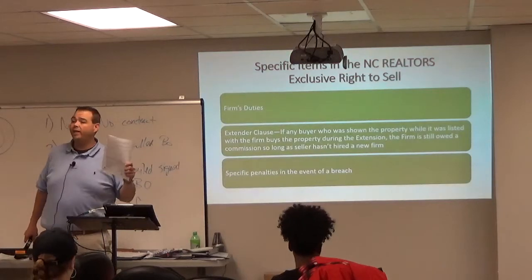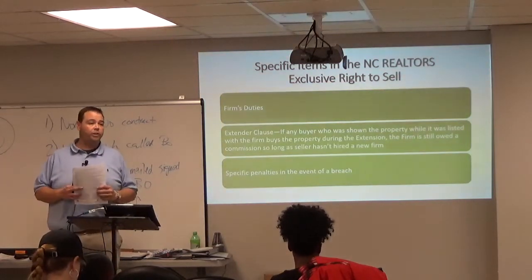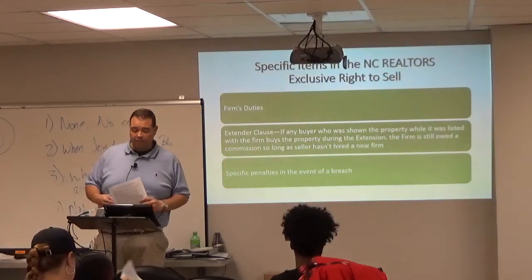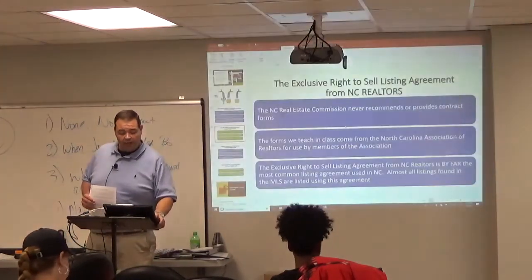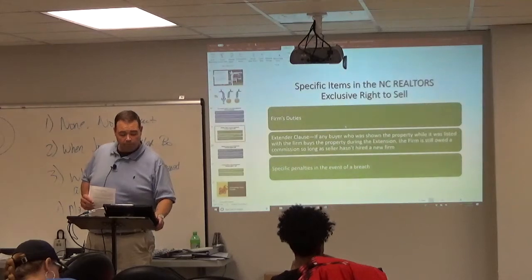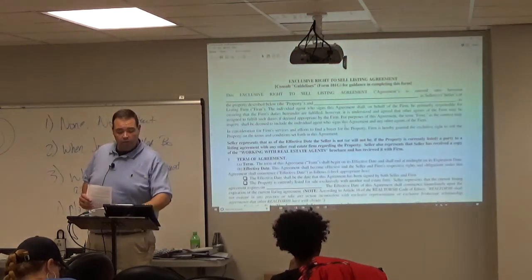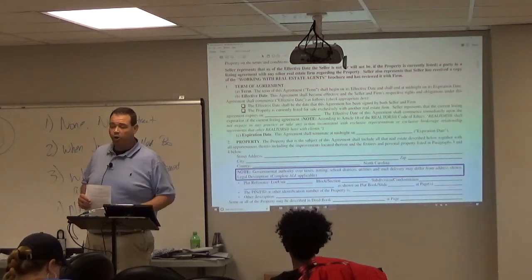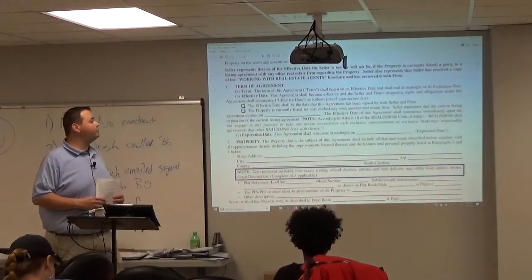We said that every agency agreement has to have an expiration date. Remember that conversation? Every agency agreement's got to have an expiration date. So let's look at the one on this form. If you look in paragraph number 1, it says term of the agreement. Does everybody see that?